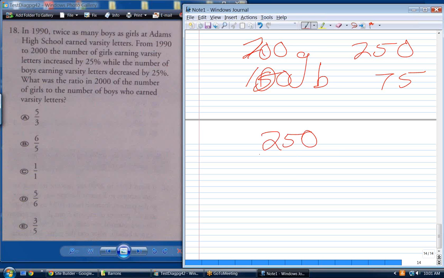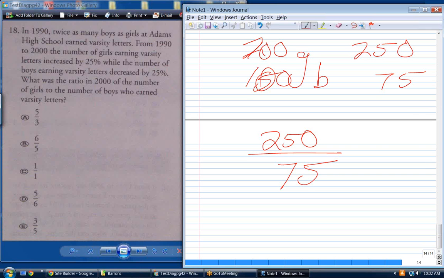Yeah, it's 250 over 75, and then reduce it. And of course, I can't reduce it in my head here. Well, I'm not seeing an answer that is that answer. I'm not either. Is this a trick question?